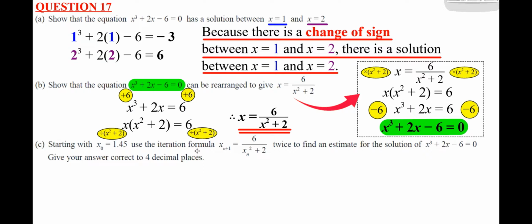So let's try this here. Using the first value, x subscript 0 being 1.45, we're going to get this if we sub it in. The next value of x, x subscript 1, will be 6 over x0 squared plus 2, which is 6 over 1.45 all squared plus 2.